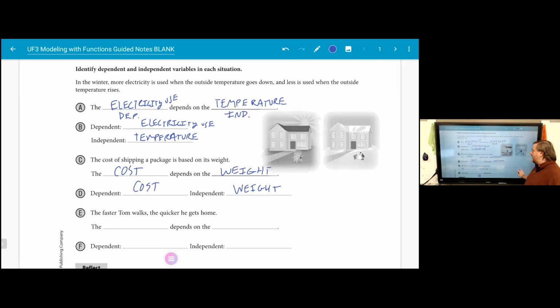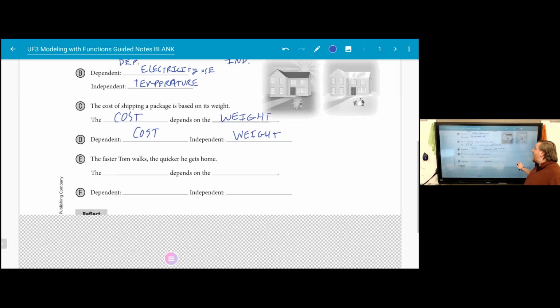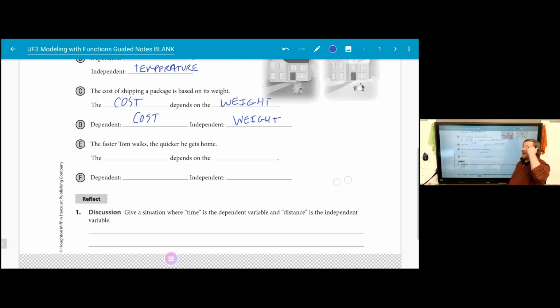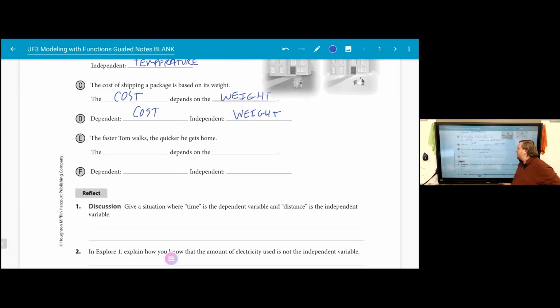Okay, the faster Tom walks, the quicker he gets home. Think about this for a second. What did you come up with? Did you come up with the time to get home depends on Tom's walking speed?